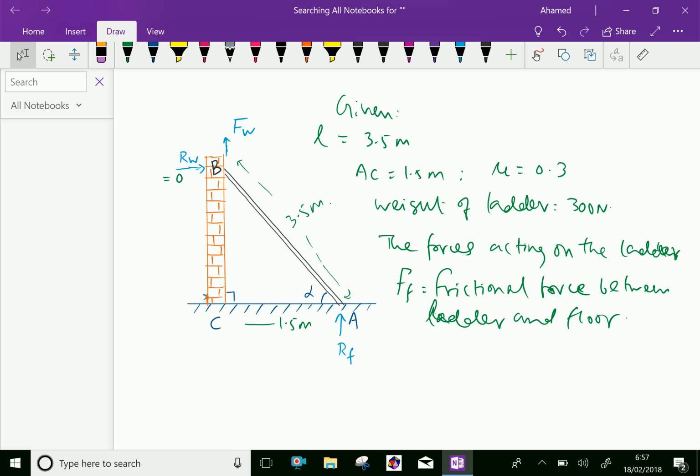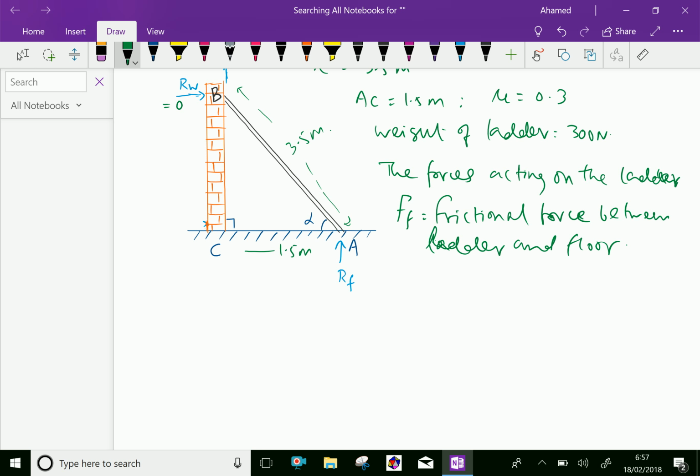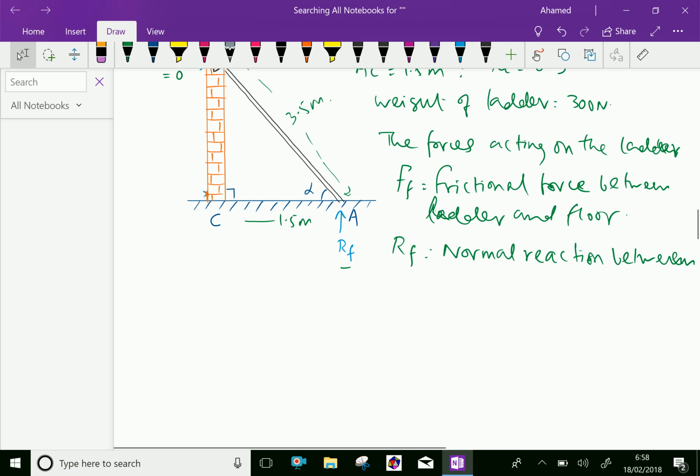There is no frictional force between the ladder and the wall, so we are not considering that one. Next we have RF, the reactional force, the normal reaction between the ladder and the floor.